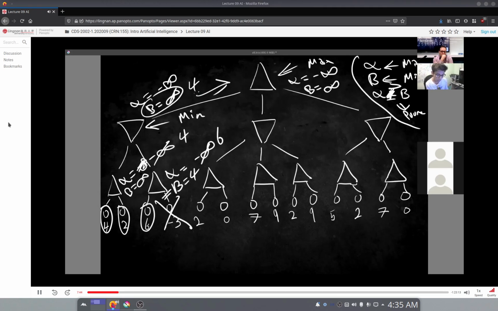Is our 4 larger than our negative infinity? Yes, because negative infinity is the smallest value. So we turn it into 4, get rid of that negative infinity, and put this value back here. Then we bring this down to the next node over here.